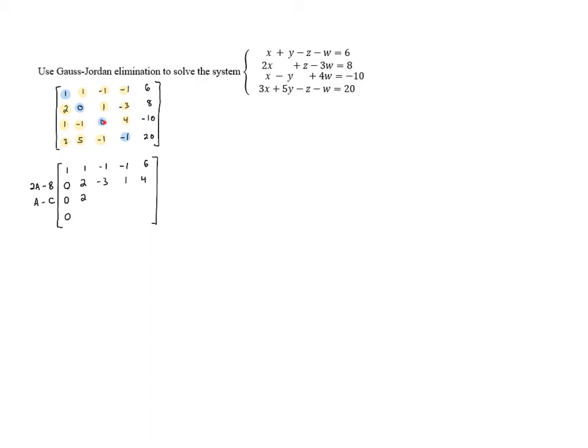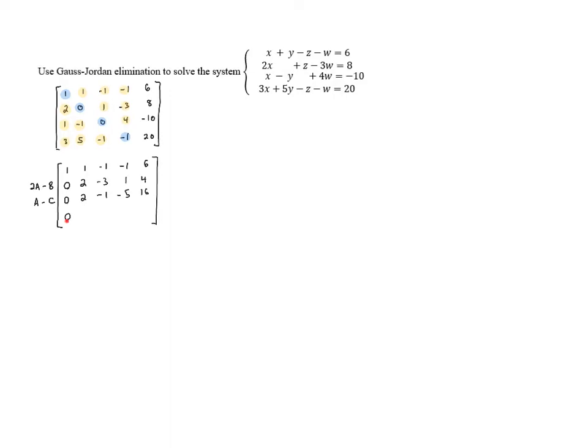Negative 1 minus 0 is negative 1. Negative 1 minus 4 is negative 5. And 6 minus negative 10 is the same as 6 plus 10, which is 16.